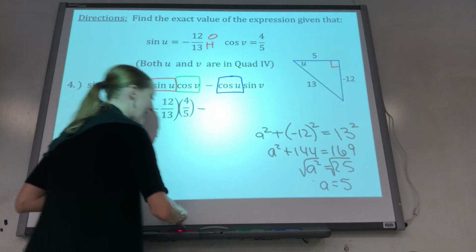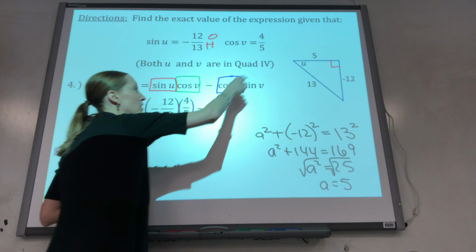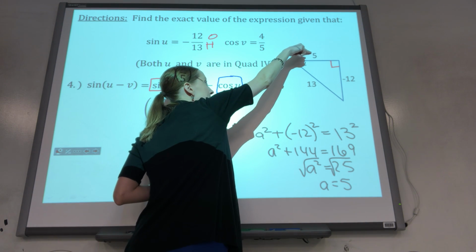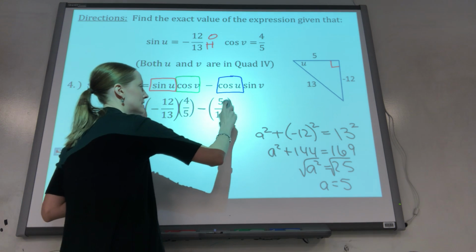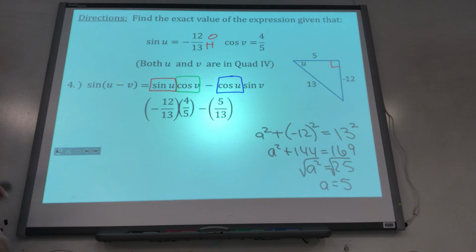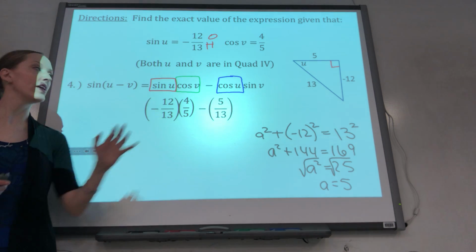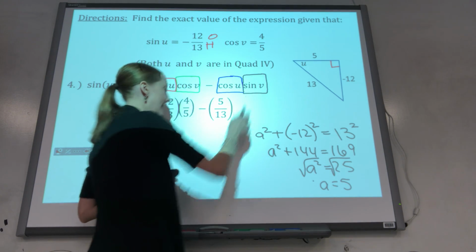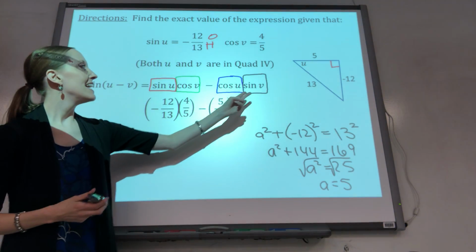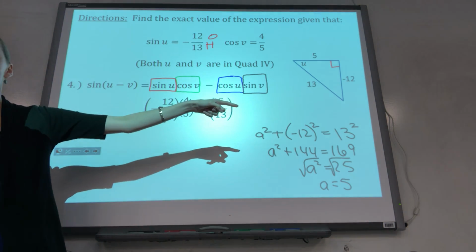And now look at us. Cosine of u would be adjacent, which is 5, over hypotenuse, which is 13. Now I know cosine of u. Okay, now be careful with the next part. The last thing I have to find is sine of v.